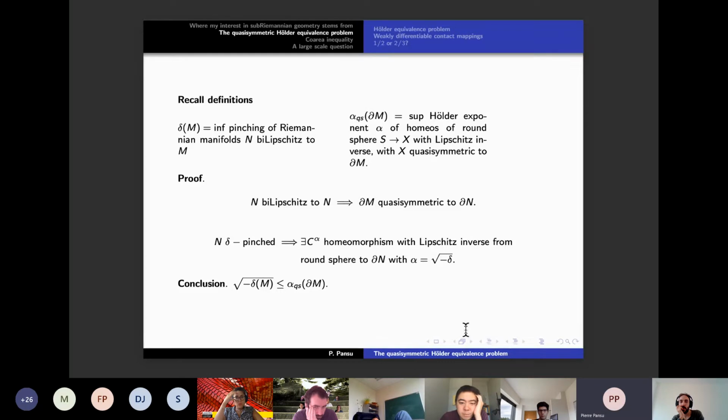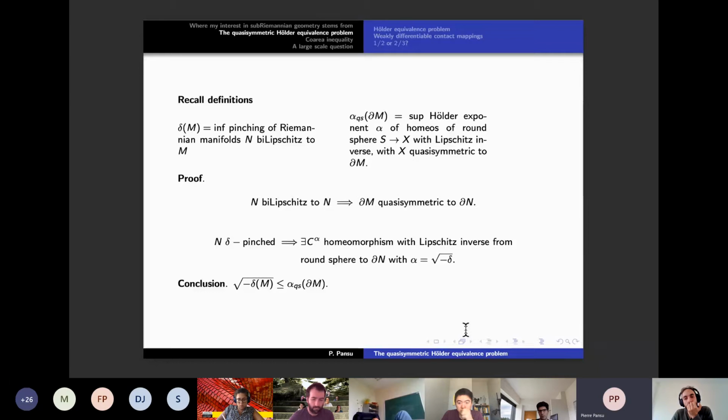Now, if I assume that N is delta pinched, then I get a Hölder homeomorphism with Lipschitz inverse from the round sphere to the boundary of N with a certain Hölder exponent alpha. And so the data of a pair of bi-Lipschitz negatively curved Riemannian manifolds give rise to the data of a pair of metric spaces.